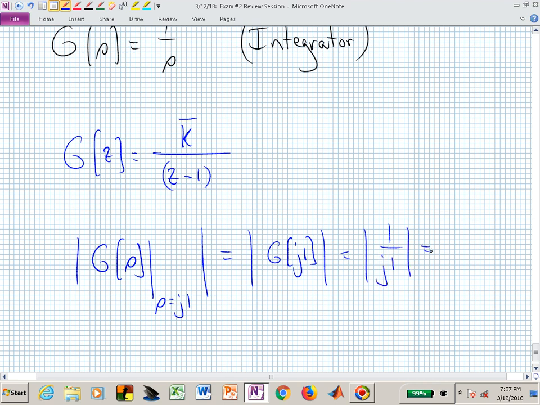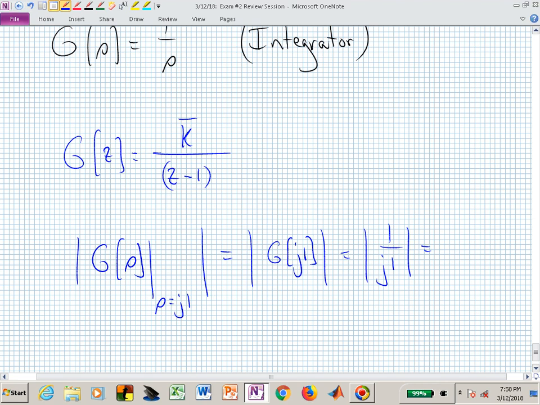What's that magnitude? What's the magnitude of j? If I said plot j in the S-plane, where would you plot it? It'd be on the imaginary axis. How far away from the origin would it be? 1. So the magnitude of j is 1.